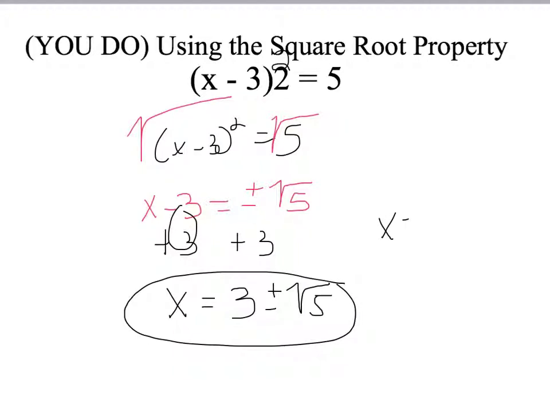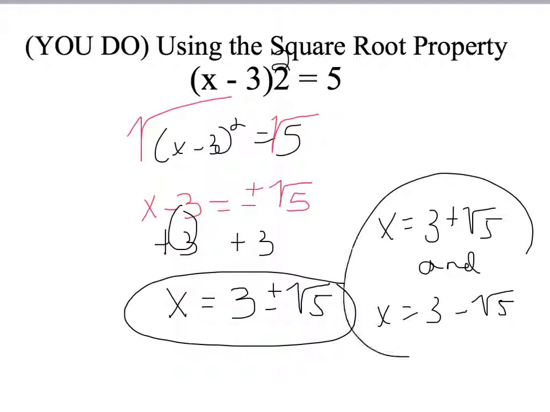Okay, you could also understand it as x is equal to 3 plus whatever the square root of 5 is. Okay, and x is equal to 3 minus the square root of 5. Okay, so if you want to get a full answer, you could type that in your calculator and see. But this right here is how it should be written as your final answer.